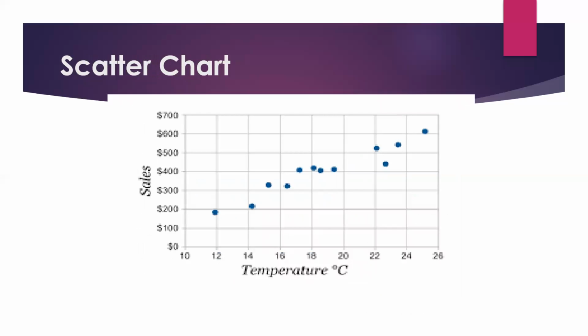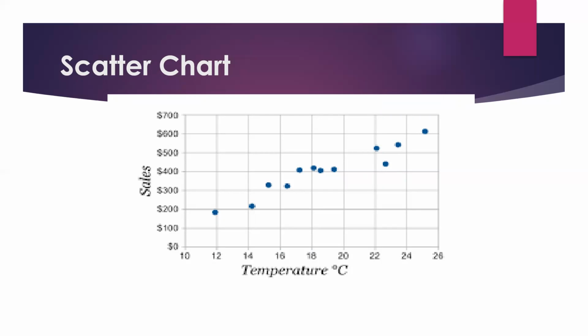In the scatter chart, there is no bar, no line, no diagram. It only represents plots. A scatter chart displays pairs of values in a scattered format.